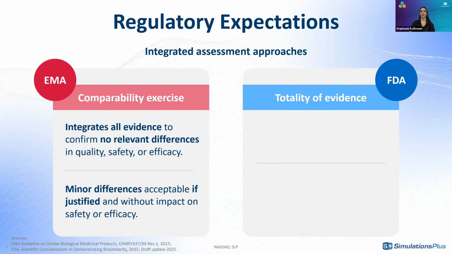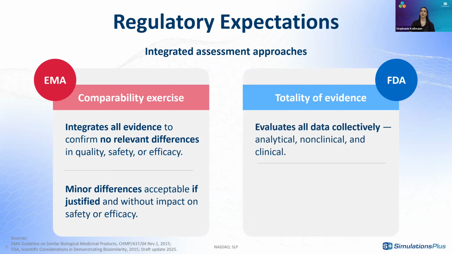Minor differences are acceptable if they are scientifically justified and shown not to impact clinical performance. The FDA follows the same scientific principle. Its decision is based on the totality of evidence, meaning that all data are evaluated collectively.